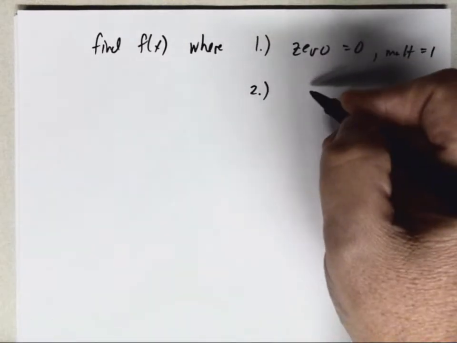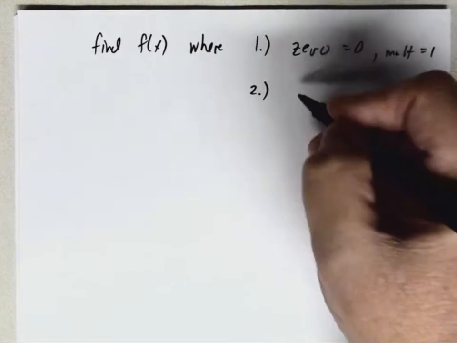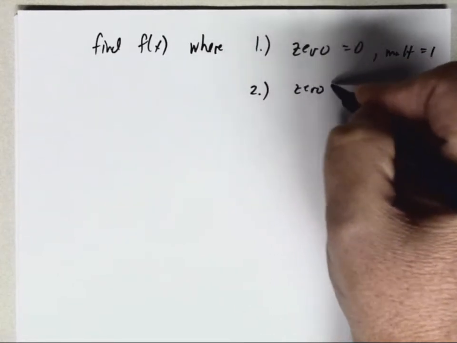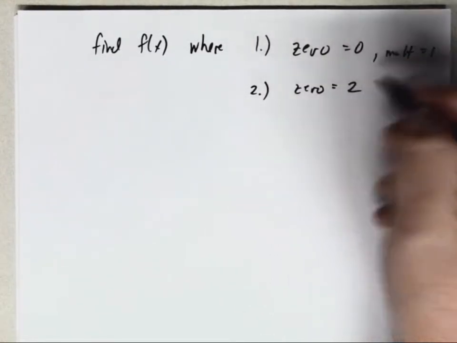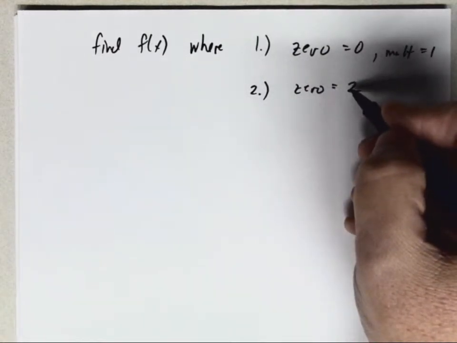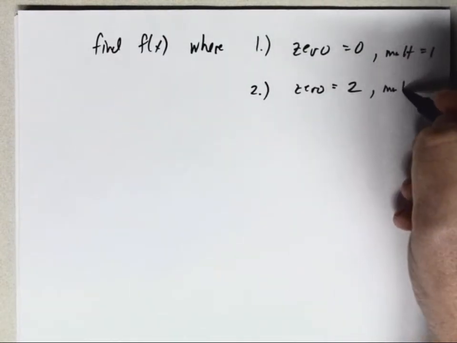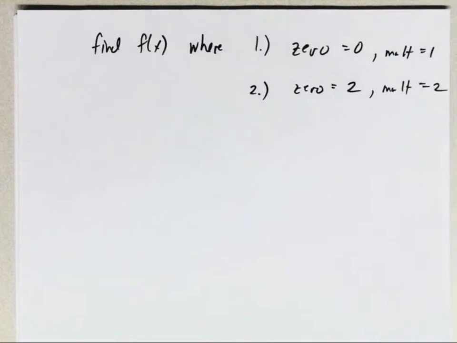Let me give you the information, and then we'll work it out, and then hopefully it'll make sense when we're all done. Then they say there's another zero. In other words, when x equals 2, our function is going to be 0. And for that one, the multiplicity is 2.